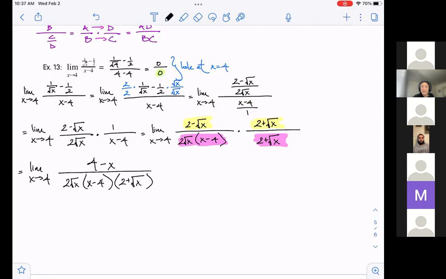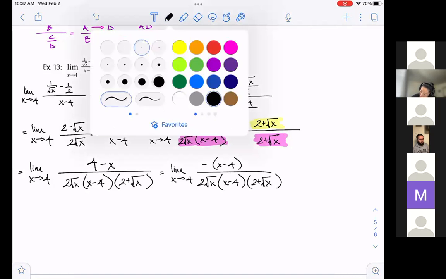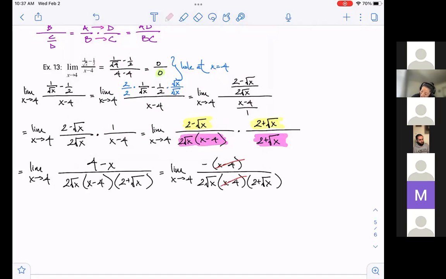Well, this one also doesn't perfectly match up, but exactly, Kelvin, right? We see x minus 4, we see 4 minus x. They look so similar to each other. And if we factor out that -1, now we can see the cancellation here.